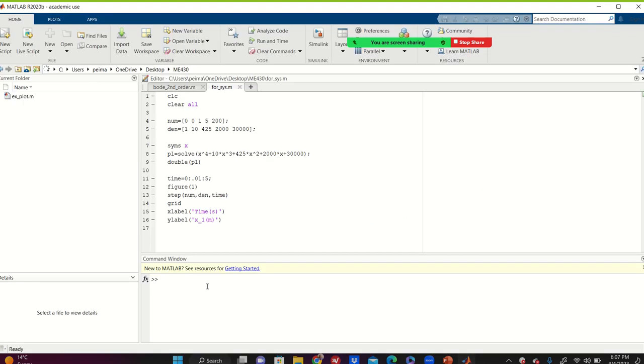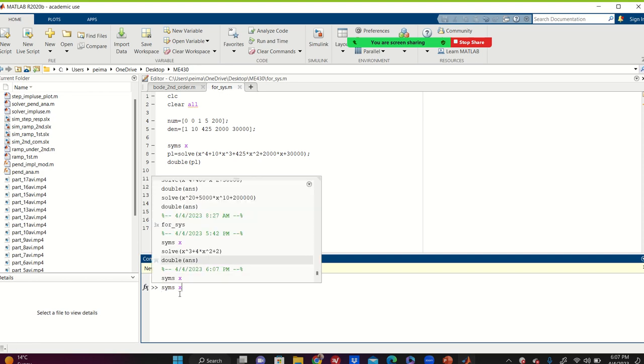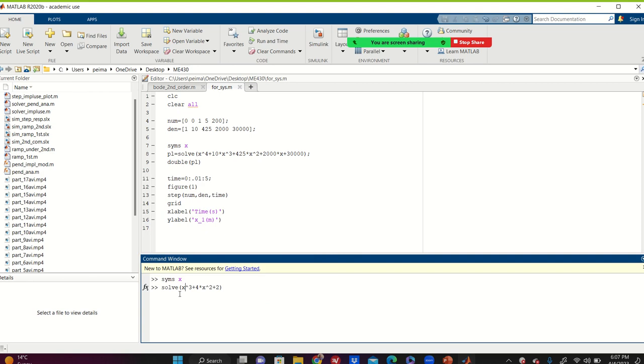Okay. And if I solve this problem, can you give me the equation? x4 plus 2x cubed plus 5x cubed, plus 10x plus 4.